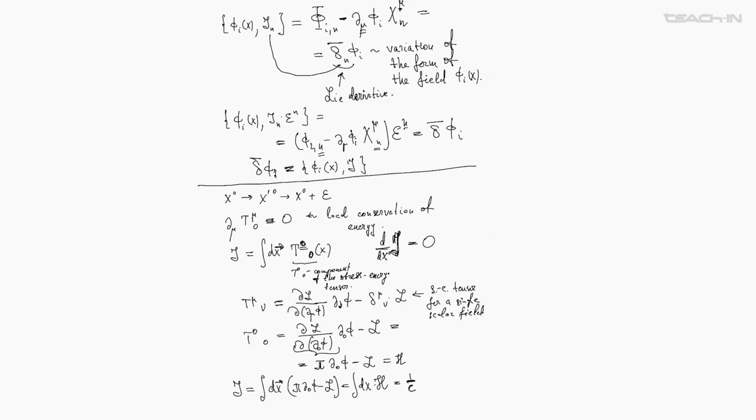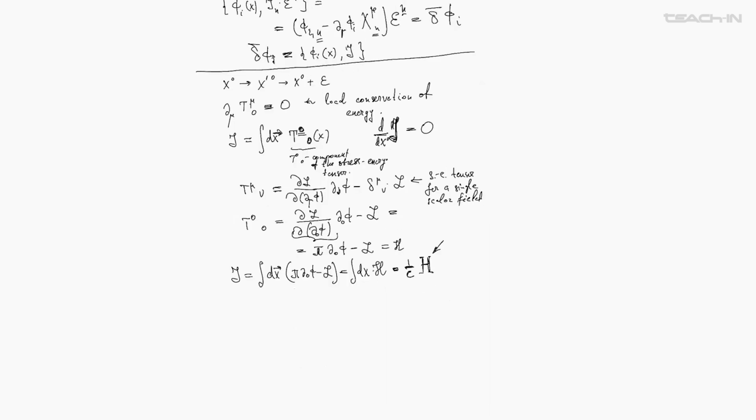And then what I would like to write here is that this is nothing else than the Hamiltonian. The integral of the Hamiltonian density multiplied by the speed of light is the Hamiltonian. So the Hamiltonian appears to coincide with the Noether charge corresponding to translations in time, to time translations.